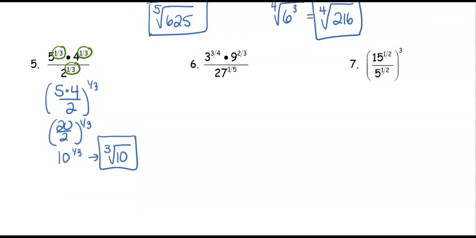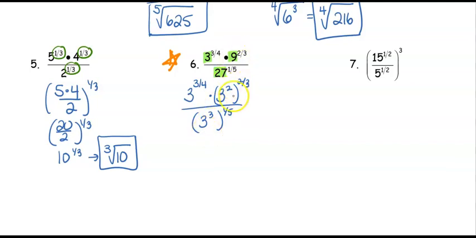For number 6, they don't all have the same exponent. They don't even have the same base either. But if I look a little bit closer, right now they don't all have the same base, but they can. Remember, this is the one that we keep on starring because this is going to be that hard assessment question. So this one doesn't change, but 9 is really 3 squared. 27 is really 3 cubed.